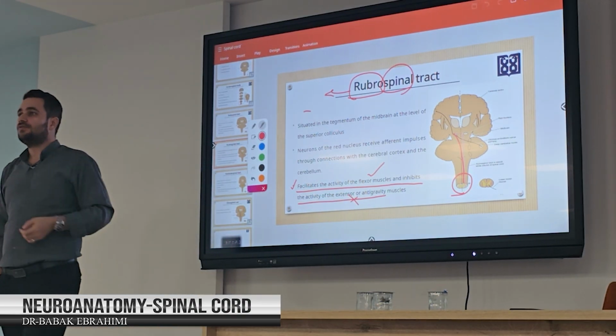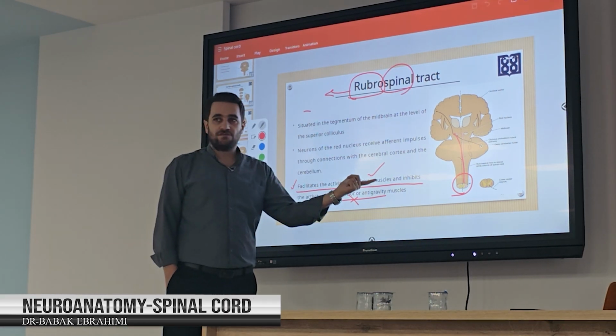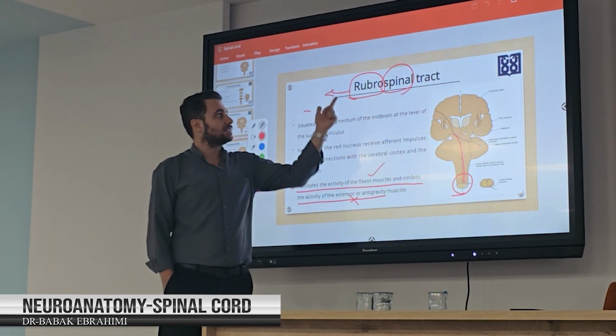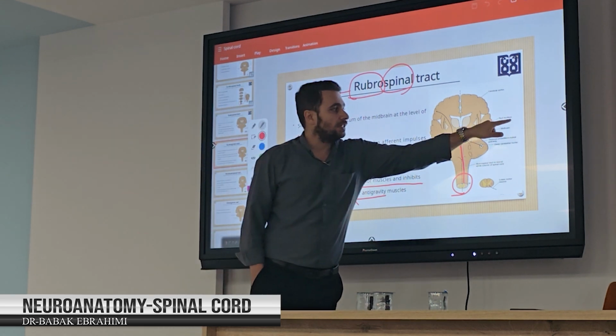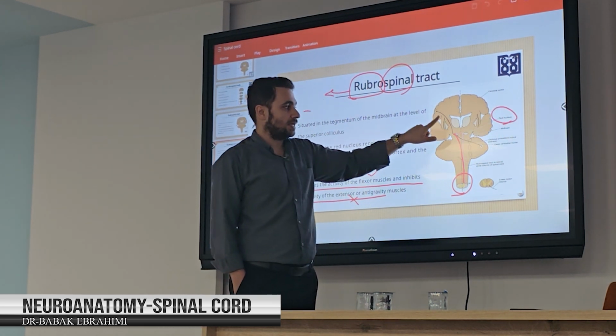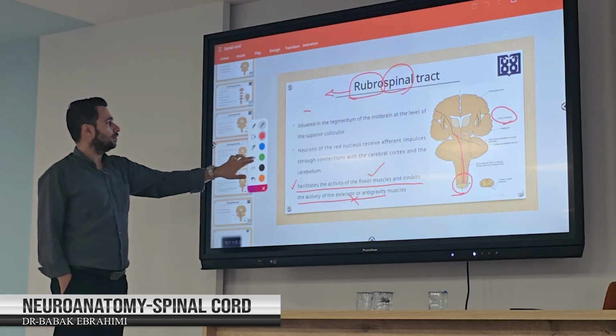If I ask you which tract is involved in, for example, facilitating the function of flexor muscle, you must say rubrospinal. It starts from one part, we call it the red nucleus. It is located at the midbrain and comes to the spinal cord.